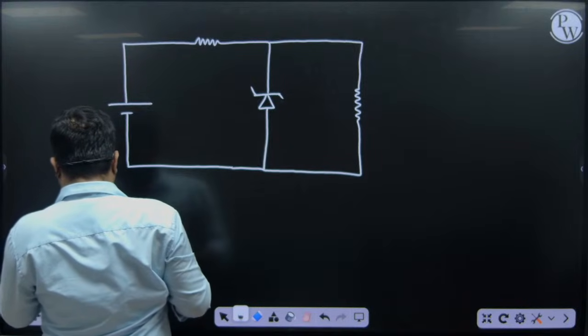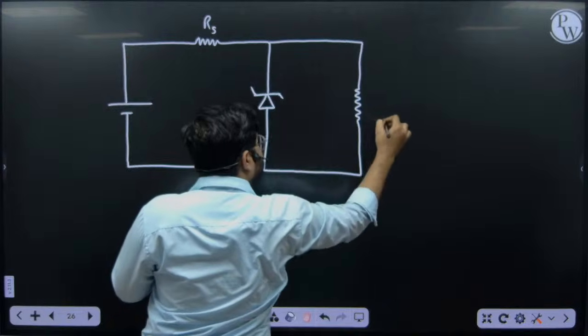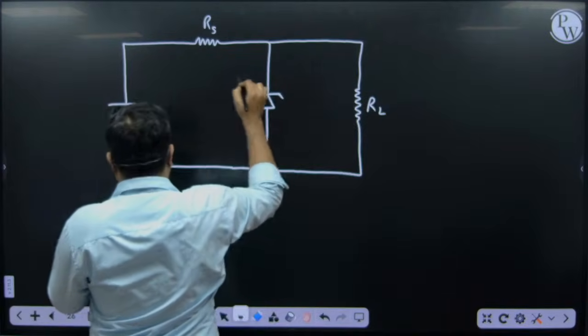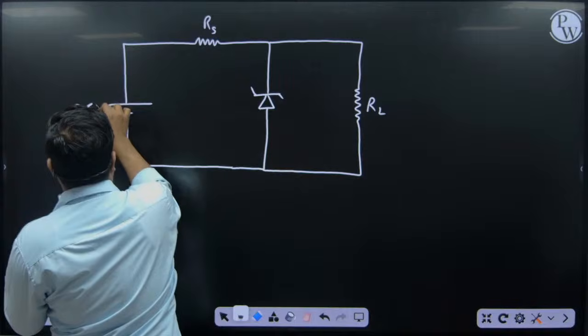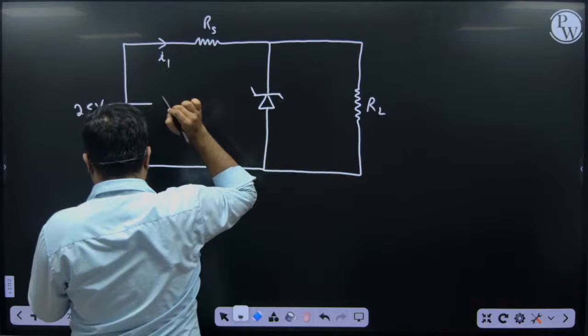They have given this as RS, this as RL, and they have given this as 25 volts, this is I1, and this is I2.